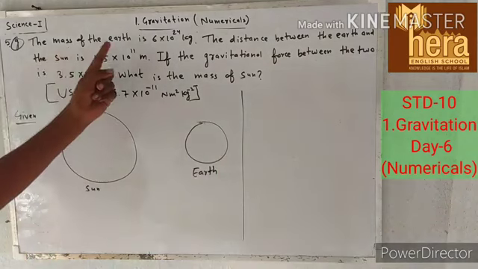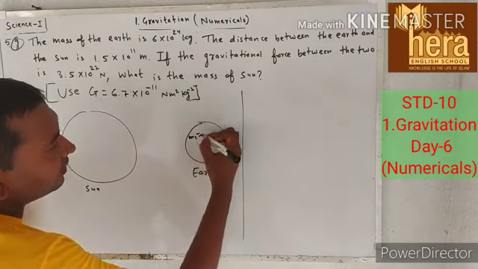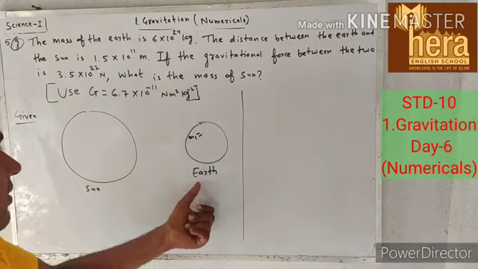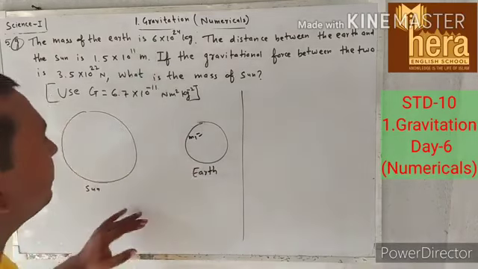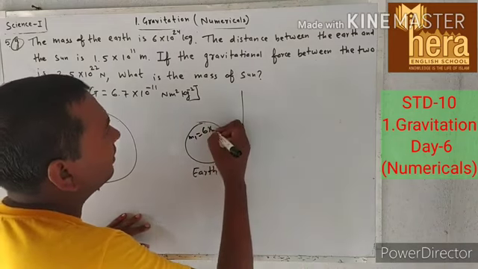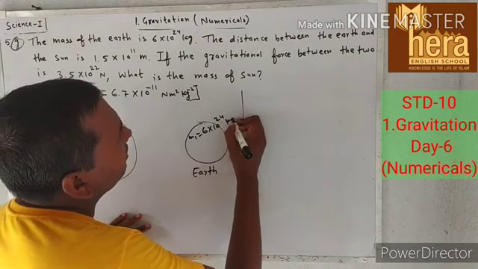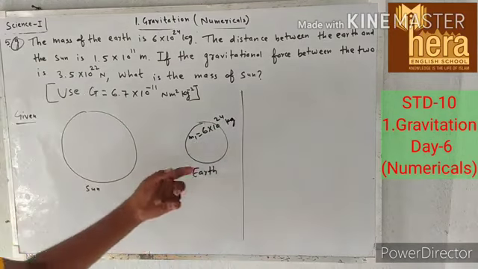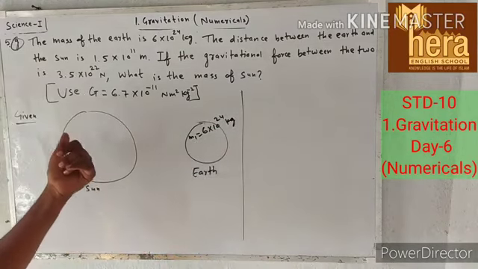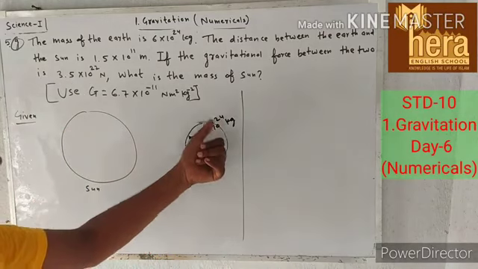For the mass of the Earth we consider m1. Mass of the Earth is m1, that is 6 into 10 raised to 24 kilogram.